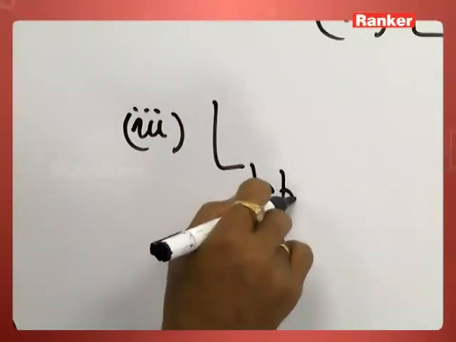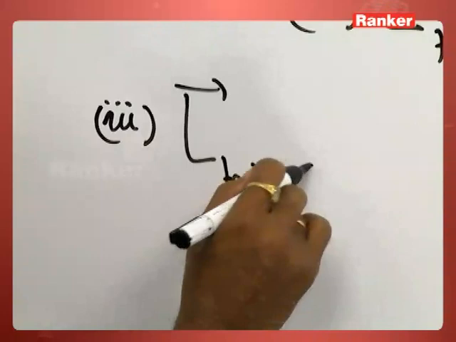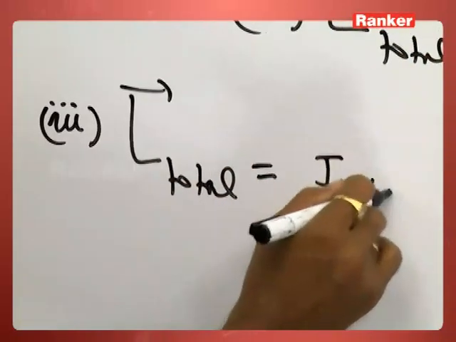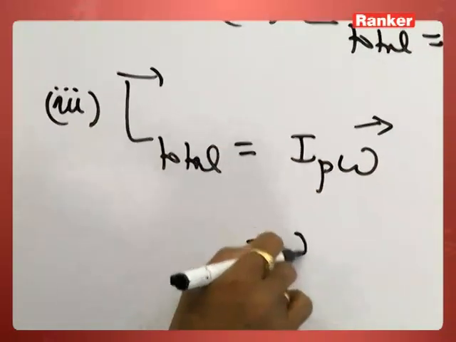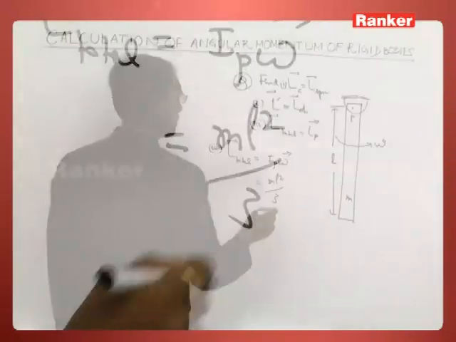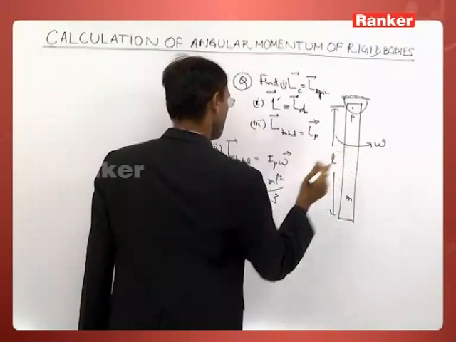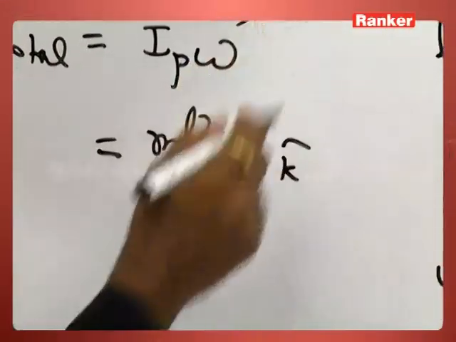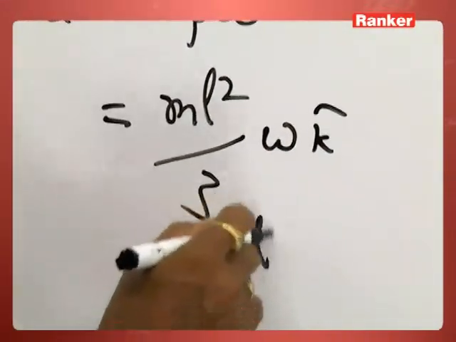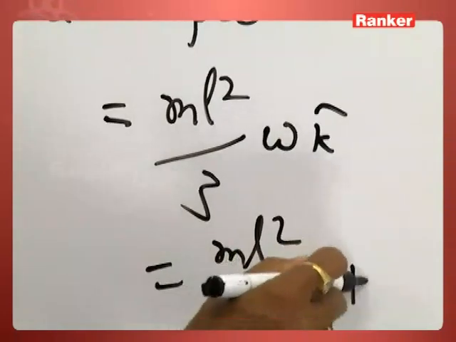L total for the fixed axis rotation is equal to IP into omega. IP is equal to m l square by 3, and omega is given in anticlockwise manner. That's equal to m l square by 3 omega k cap.